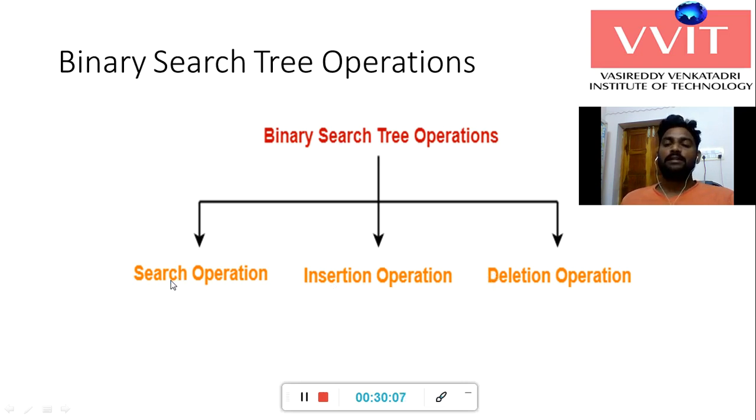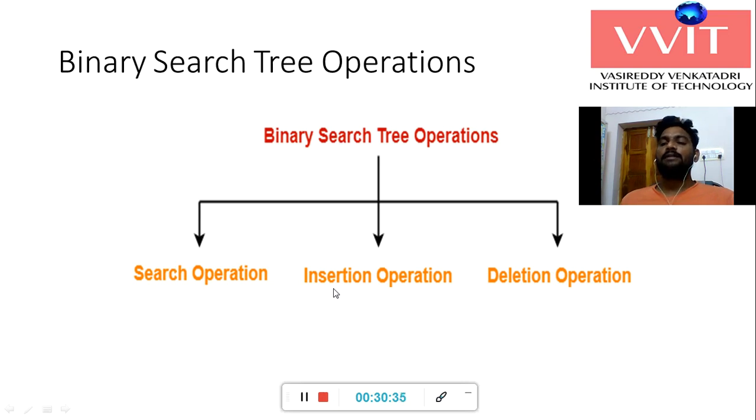What is search? Search is a process to find whether the given node value is present in the binary search tree or not. A search operation is a process to find whether the given node value is present in the binary search tree or not. And the second one is the insertion operation.